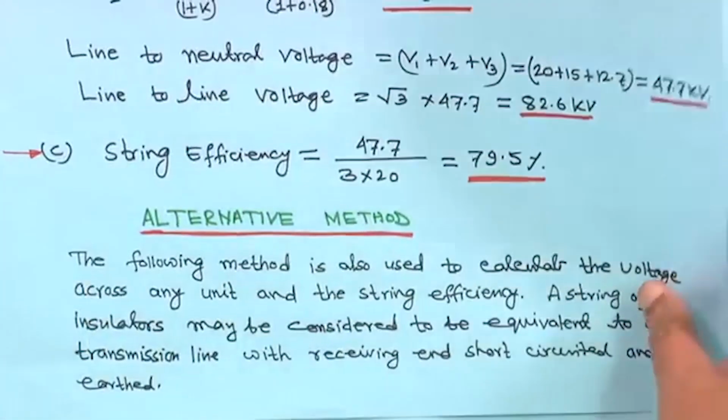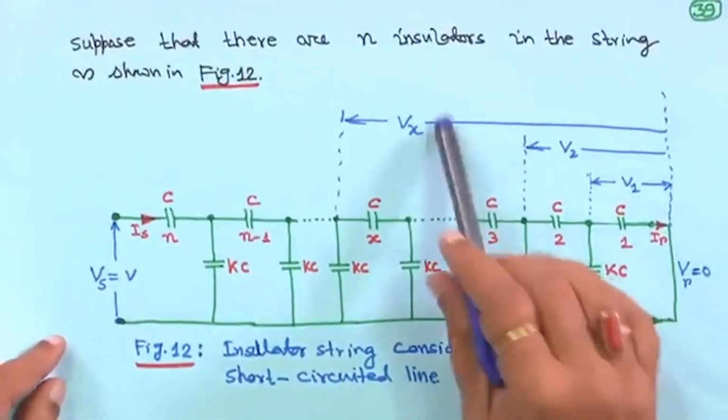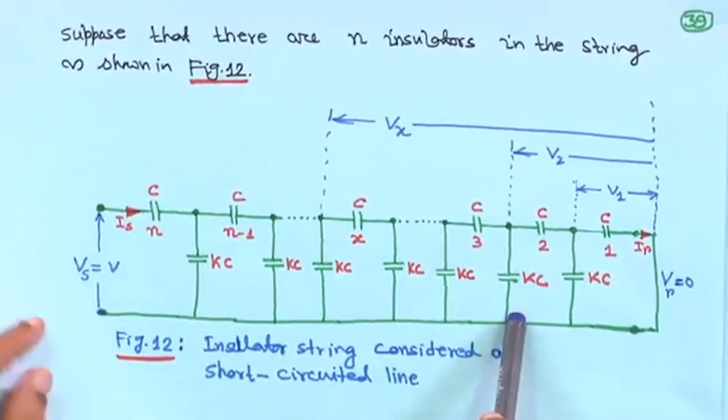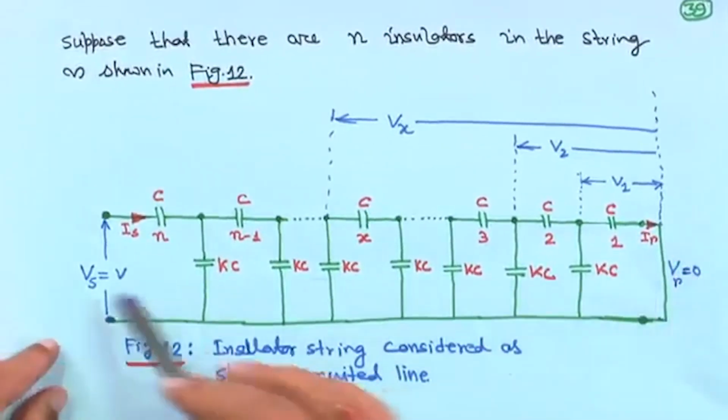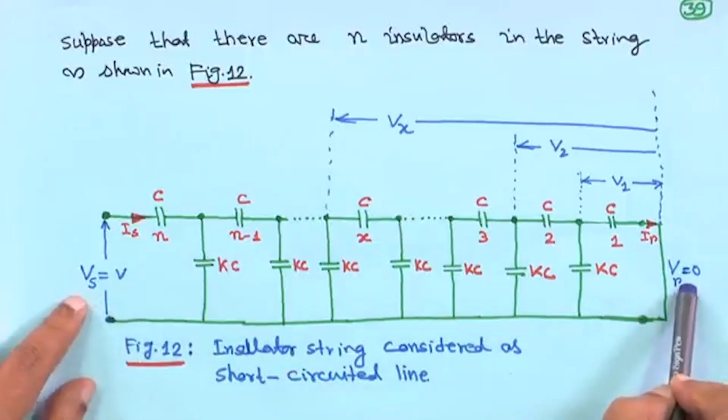So, if we do so, suppose you have n insulators in the string as shown in figure 12, it is made like this. For example, imagine this is a sending end and this is a receiving end, right.